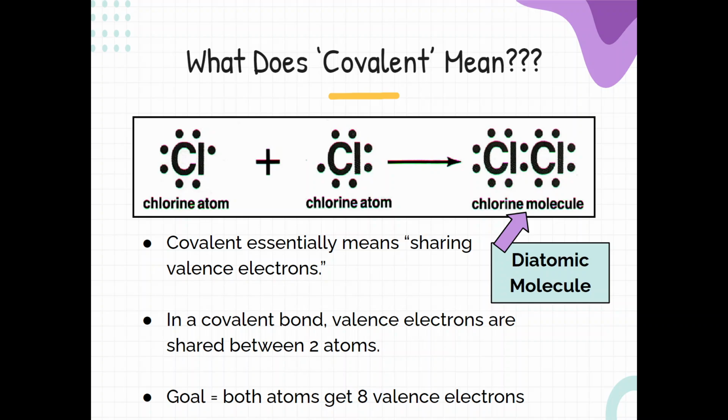Hydrogen, nitrogen, oxygen, fluorine, chlorine, bromine, and iodine always exist in nature as diatomic molecules. That means you'll never find a single chlorine atom floating around by itself. When we talk about chlorine, it's existing as a diatomic molecule. The oxygen you breathe is not singular oxygen atoms. They're oxygen diatomic molecules, so two oxygens sharing, in that case, two pairs of electrons.